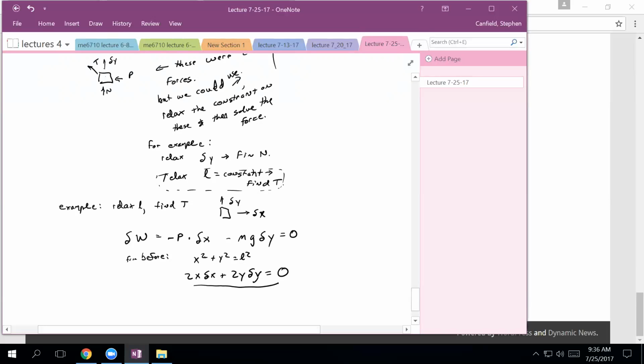And we also said from before that we could relate x and y to L theta. So we said that x equals L cos theta, y equals L sine theta.